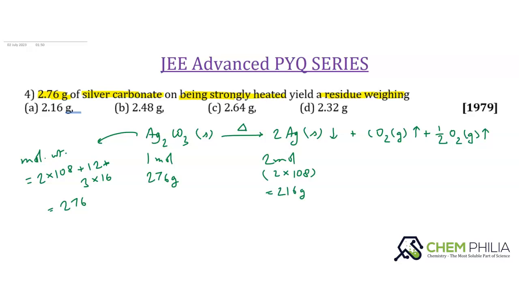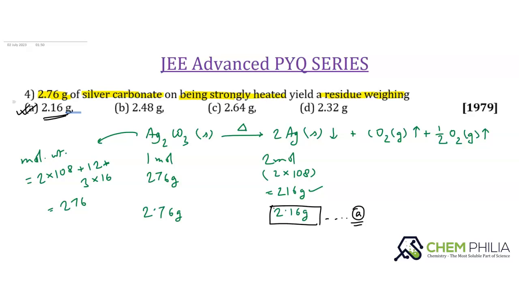So quite clearly you can see 276 gram of silver carbonate produces how much residue? 216 gram. And as per the question, 2.76 gram silver carbonate will produce how much residue? So it will be 2.16 gram. It's simple maths. 276 gives 216, so 2.76 will give how much? 2.16. So option A is the answer to this question. Clear?